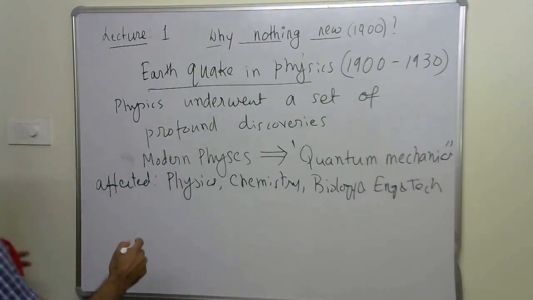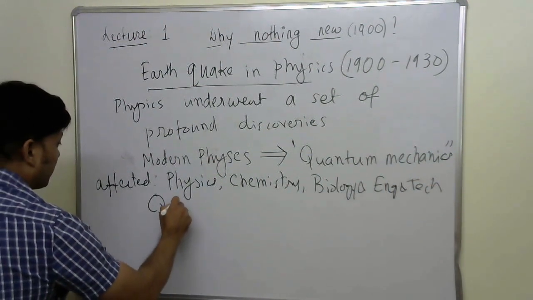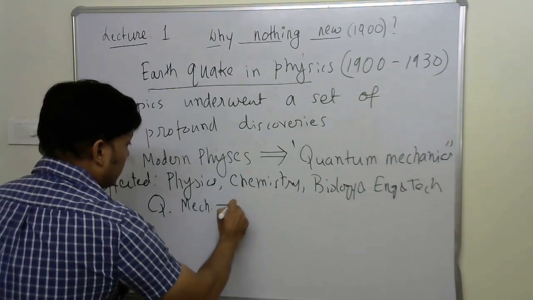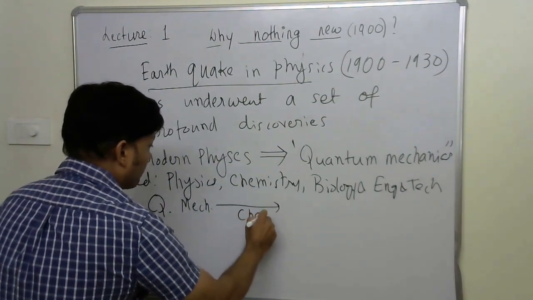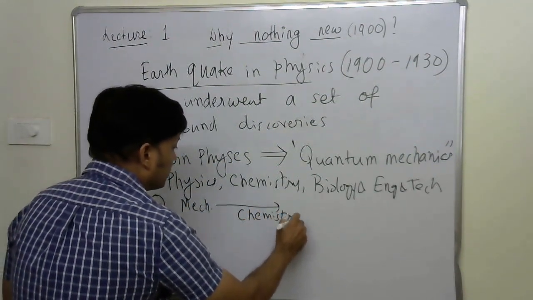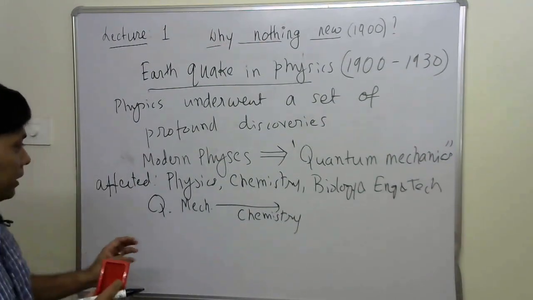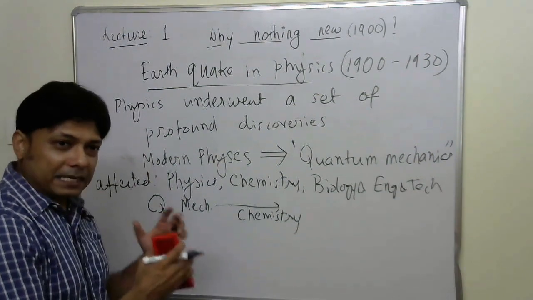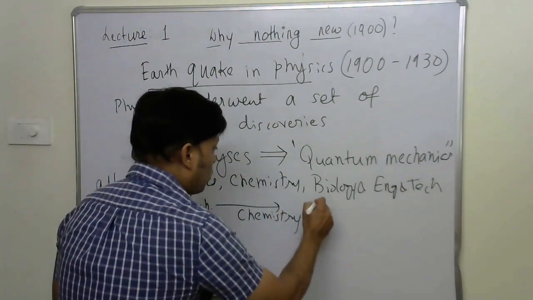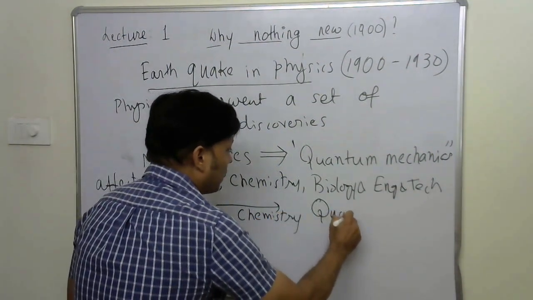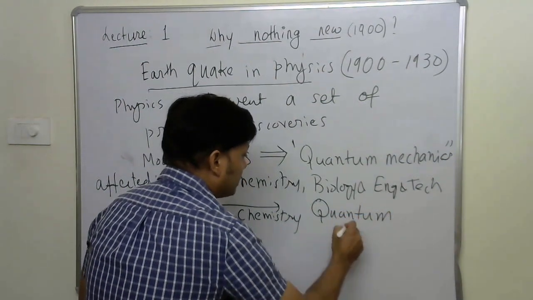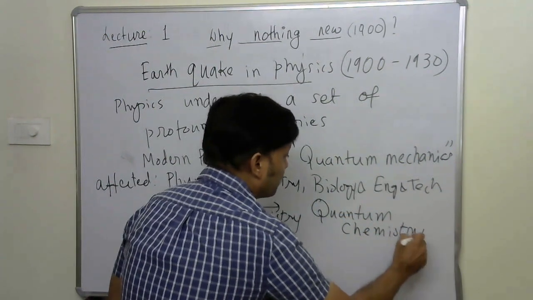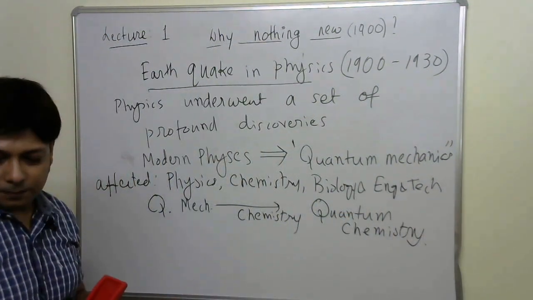The branch of quantum mechanics that deals with chemistry, or in other words, the part of quantum mechanics that was used to understand or explain the basic chemical principles, is known as quantum chemistry. And this is a subject that we are going to study.